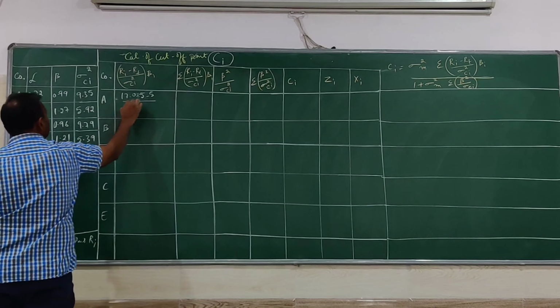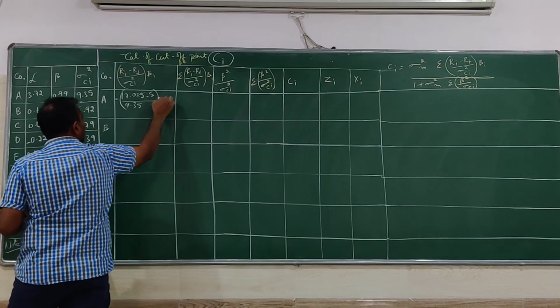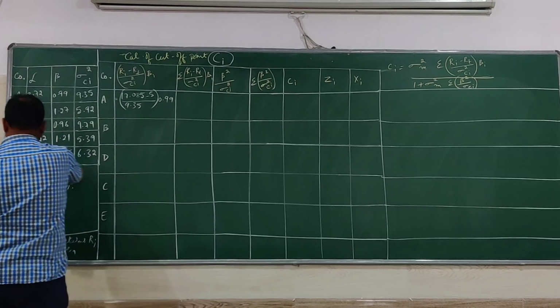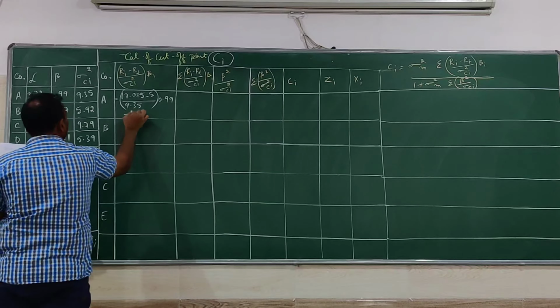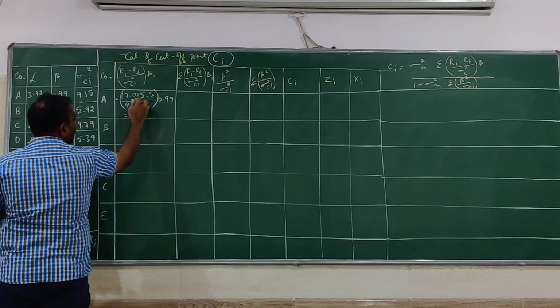Into beta of the individual stock. You have to check, it has to be in the order. So if you do simplification, this 17.085 minus 5 divided by 9.35, you get a value. Then we have to multiply with 0.99. So 1.28.